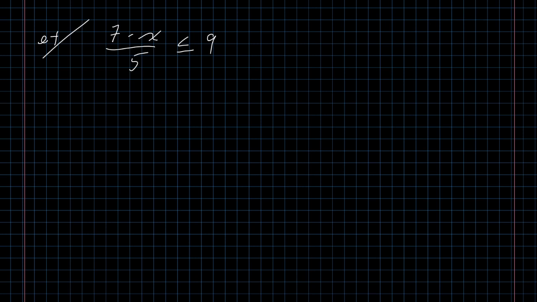There's a lot going on here. Following the order of operations, we would subtract 7 minus x first and then divide by 5. So, to solve, we have to get rid of divide by 5 first, which means multiply by 5. 9 times 5 is 45.